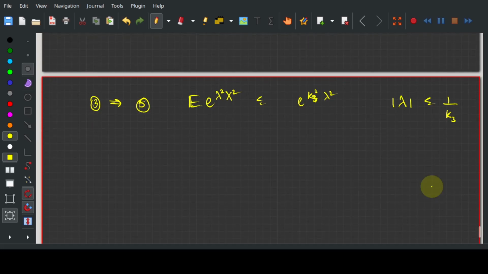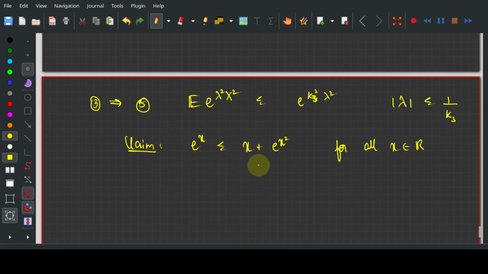Now again, for this I'll use some trickery. Essentially, I'll use the following inequality, that e to the x is less than or equal to x plus e to the x square. Again, for now I'm using all of this without proof, but you can prove all of this rigorously.